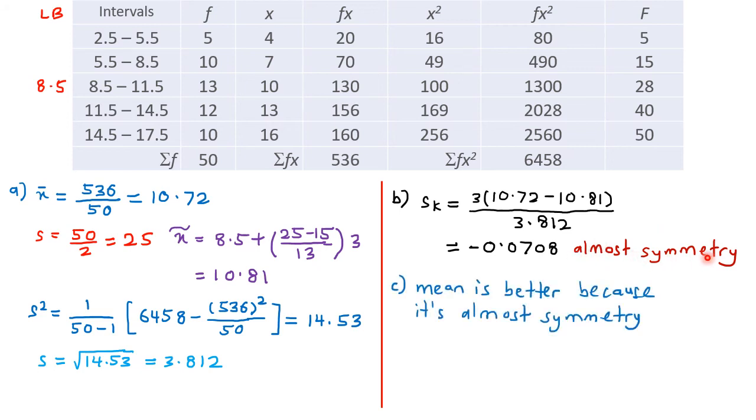Since it is almost symmetrical, of course we will choose the mean. It is better for describing the distribution because it is almost symmetrical. So remember, if it is around 0.0, whether positive or negative, the conclusion will be almost symmetrical.